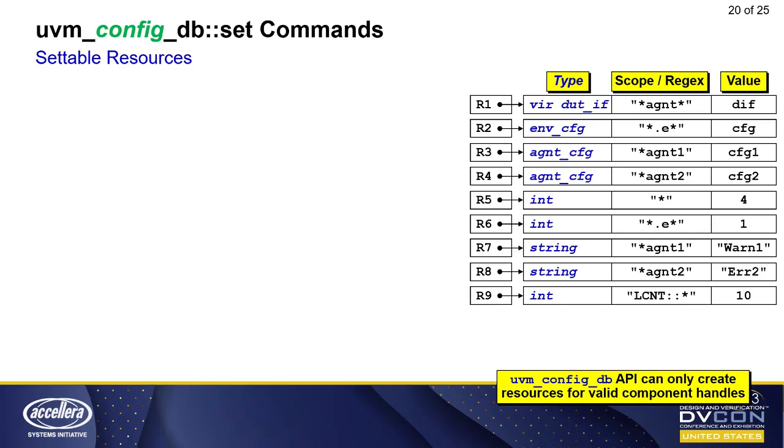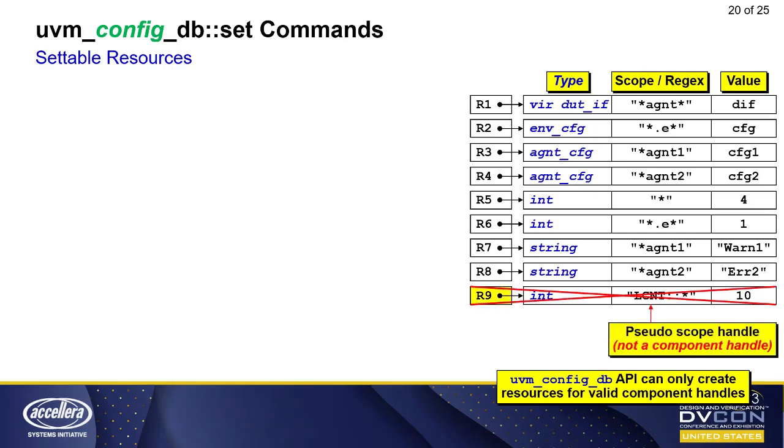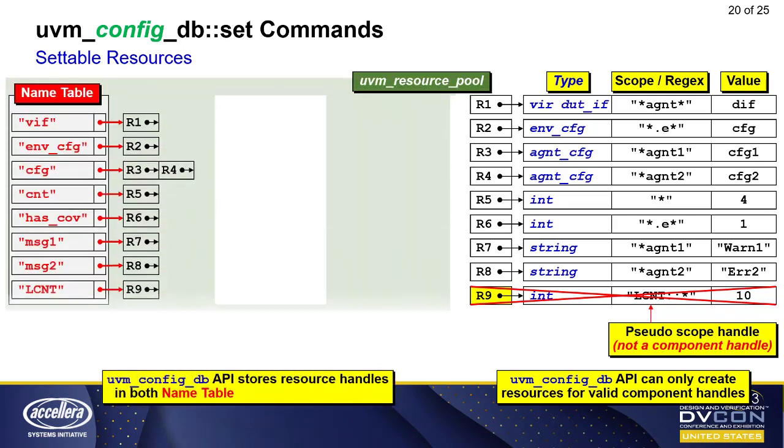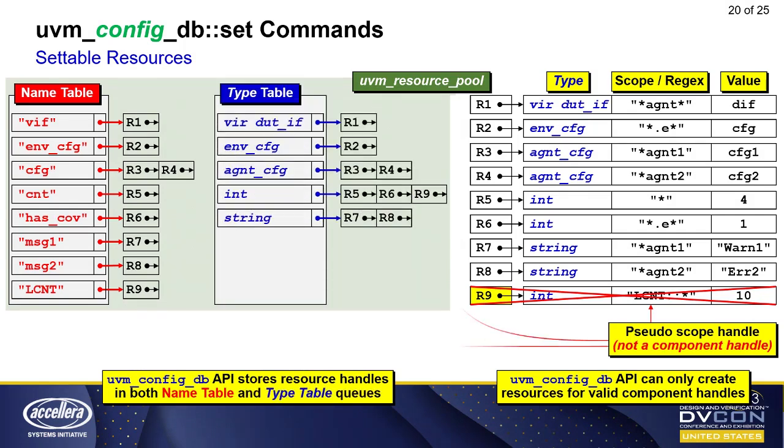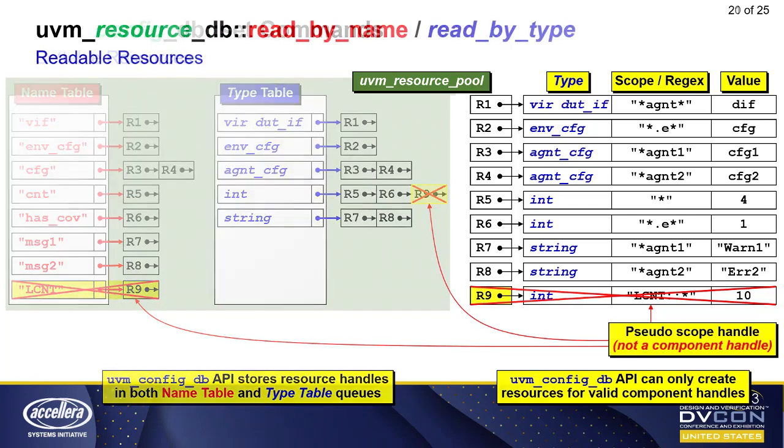On the other hand, the UVM config DB API can only create resources that have valid component scopes, but cannot create a resource with a pseudoscope that does not correspond to an actual component handle. The UVM config DB API does, however, store resource handles in both the name table and the type table queues, but would not allow storage of resources that have non-component pseudoscopes.